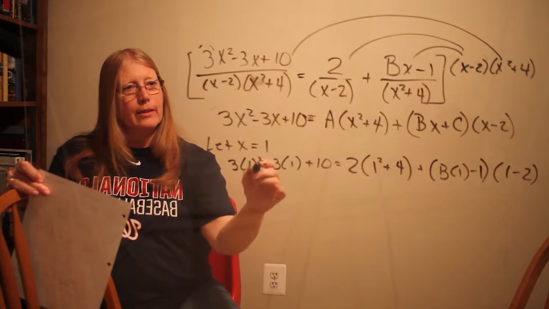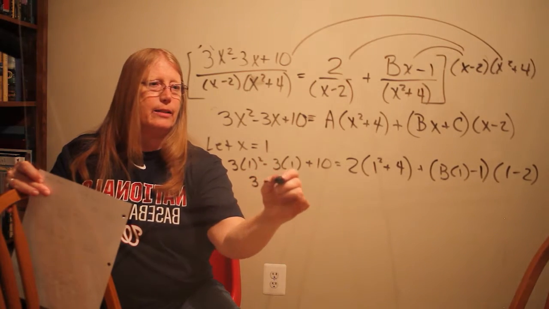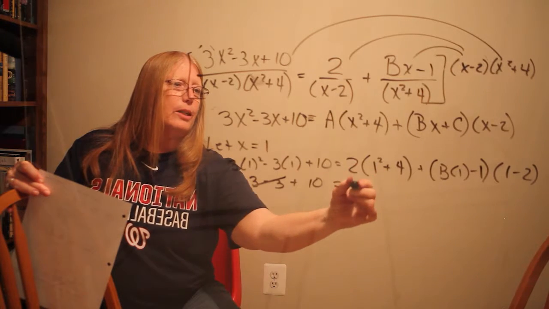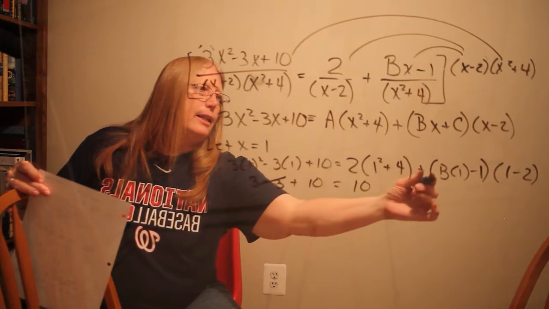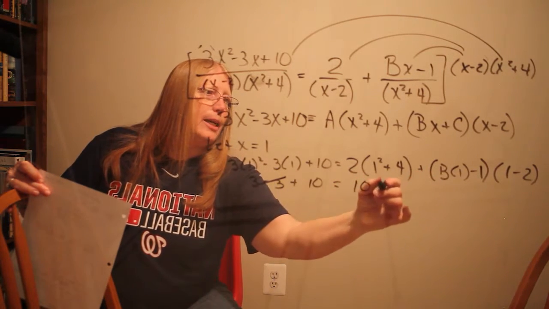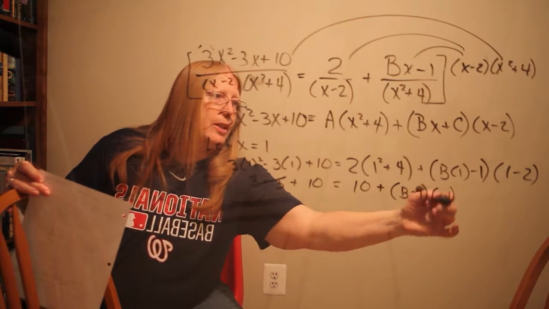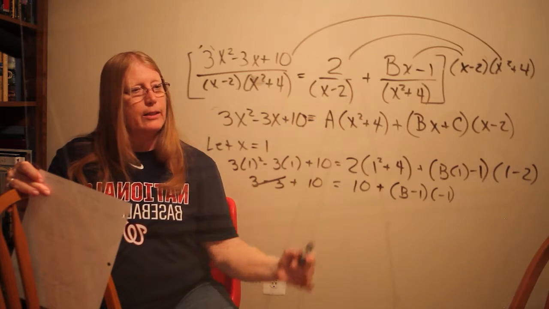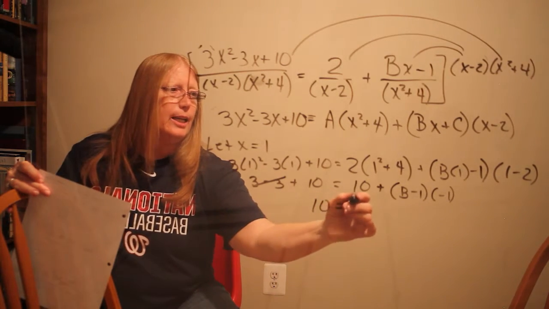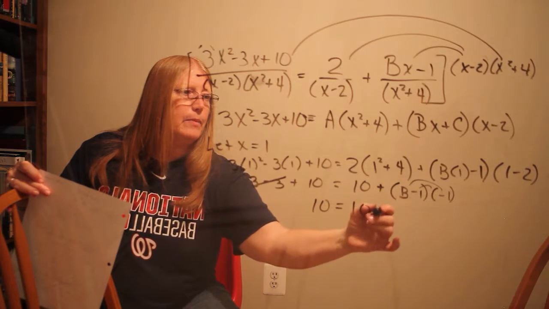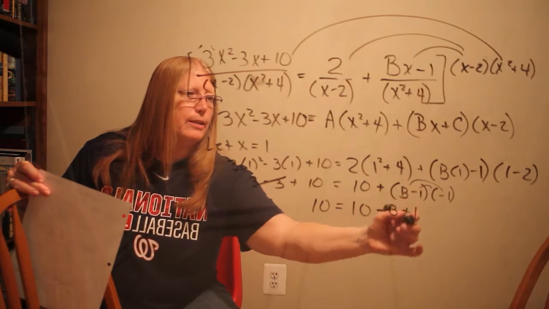3 minus 3 is gone, so we have a 10 on the left. 2 times 5 is 10. Here we have b minus 1 times minus 1. So 10 equals 10. Distributing the minus 1, we get minus b and plus 1.